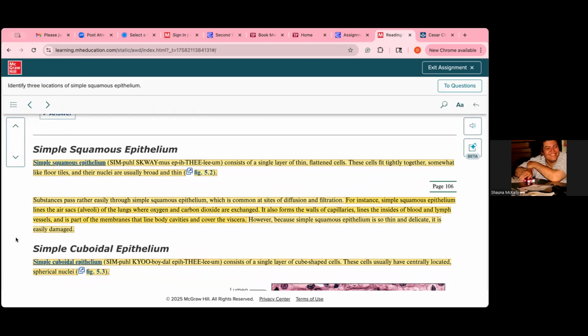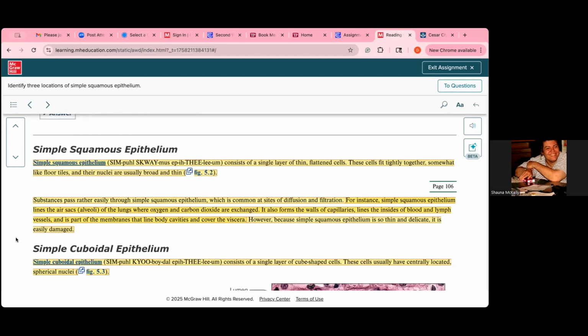So they're common at sites of diffusion and filtration. For instance, simple squamous epithelium lines the air sacs, alveoli, of the lungs. So it lines the alveoli where oxygen and carbon dioxide are exchanged.